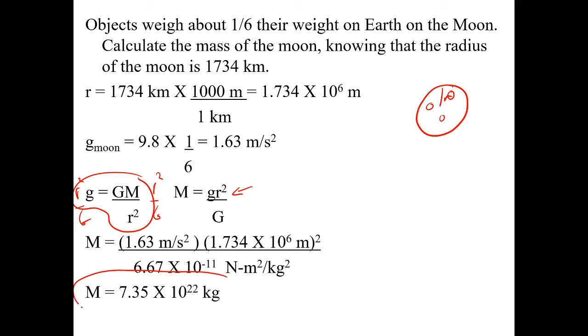And we get that the moon is 10 to the 22nd kilograms. Remember, the Earth was 10 to the 24th. So the moon is on the order of 100 times less. It's actually 81, so that's close to 100. It takes 81 moons to equal the mass of the Earth. And we're doing all this with calculations because there's no scale that we can put the moon on.